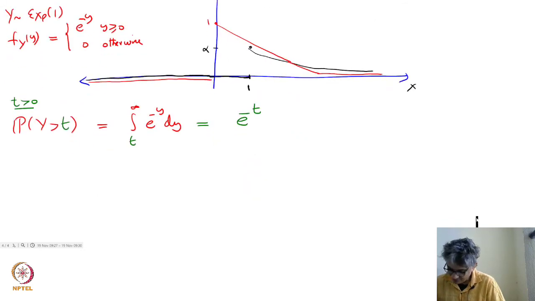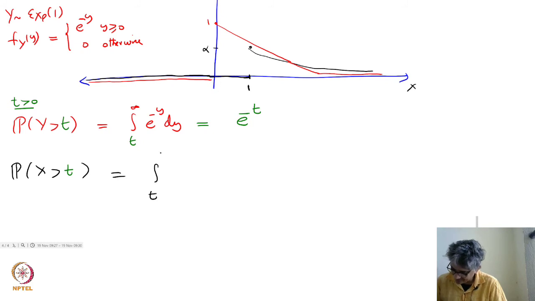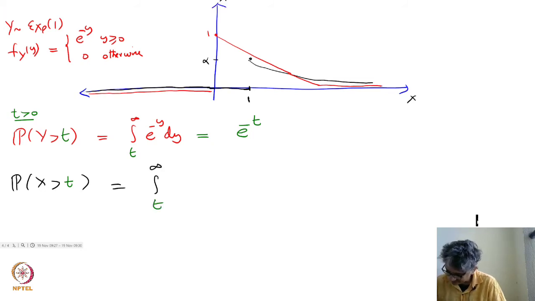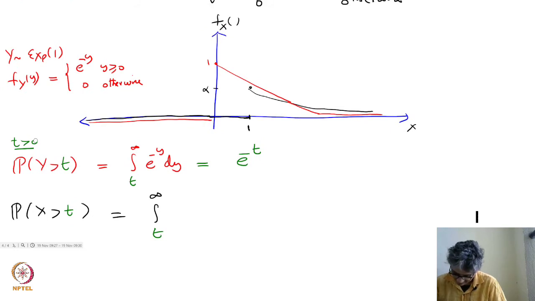Similarly, if you do this other expression, the probability that X is bigger than t, that's the integral from t to infinity, again, and here let's say t is bigger than 1.